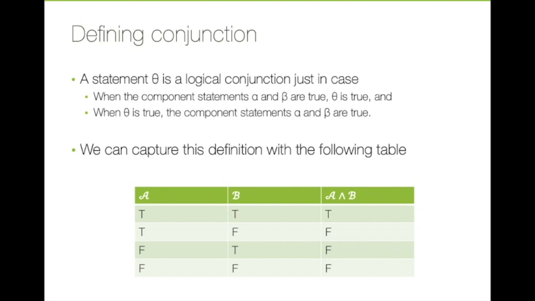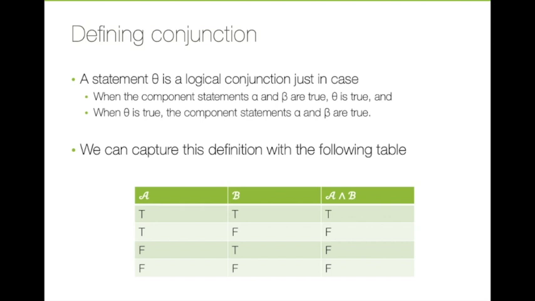Again, we can capture that definition with the truth table. And here we need 4 rows to capture all the possible pairs of assignments of truth values to A and B. So if A is true and B is true, then the conjunction of A and B is true. That's what our first row tells us.